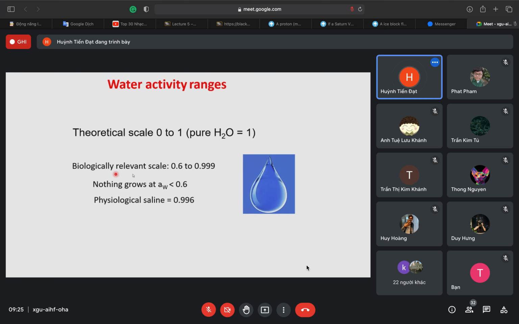The significant scale for biological systems is from 0.6 to 0.999, near pure water. Nothing grows at a water activity less than 0.6. What about physiological saline?